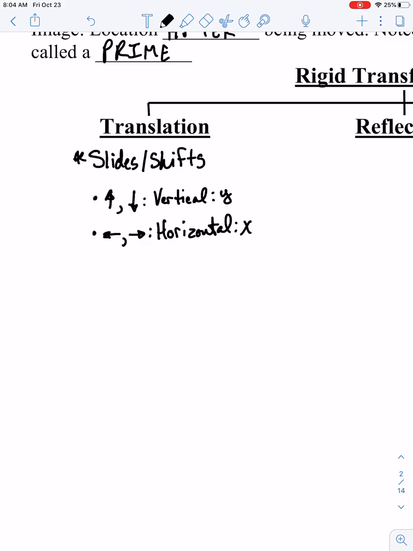Notation can be one or two ways. So it can say, given the point (x, y), move it to x plus or minus blank, and then y plus or minus blank, where the blanks are by what value.